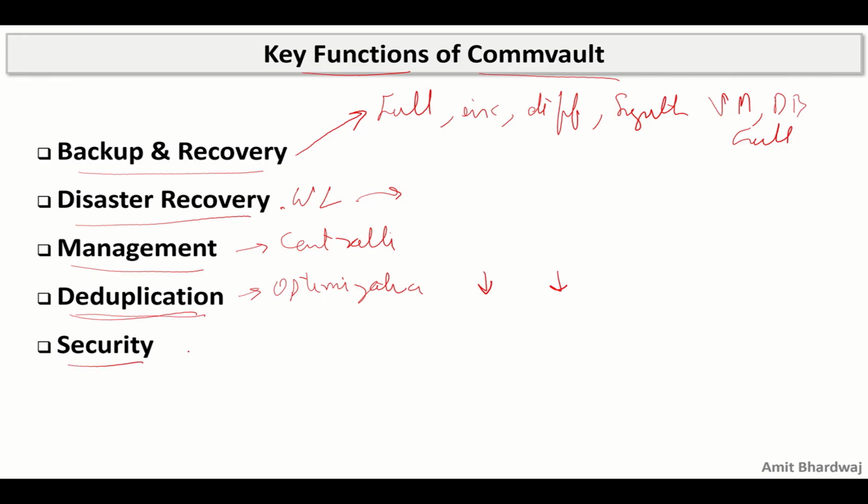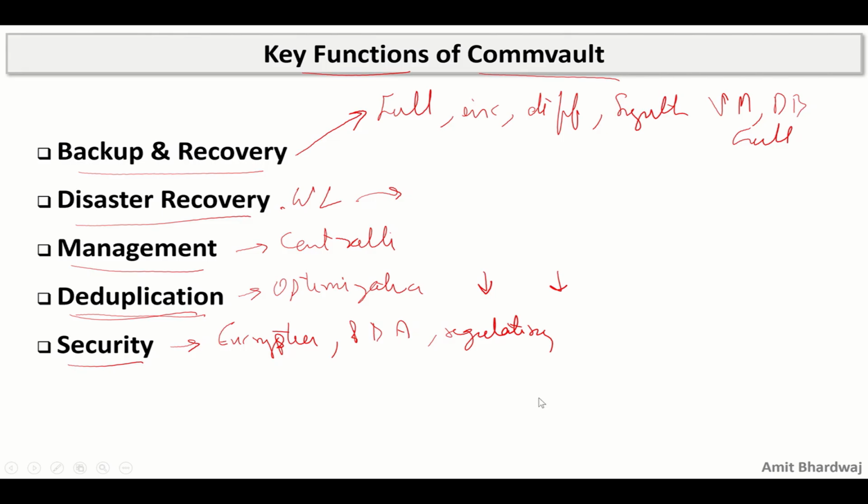Next is the security part of it. There are some key requirements like encryption or maybe role-based access which is required, or regulatory compliance. Everything is taken care of with respect to data protection by Commvault.